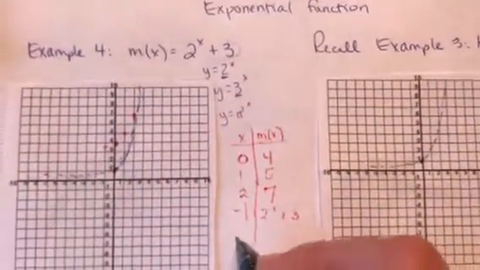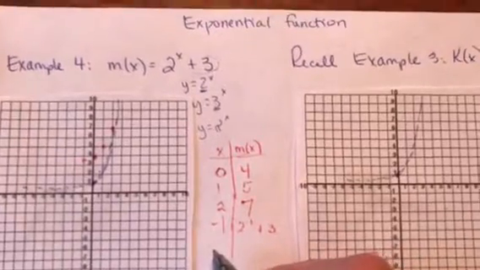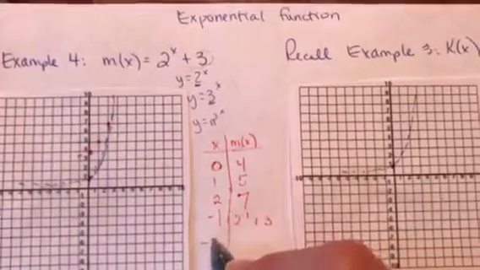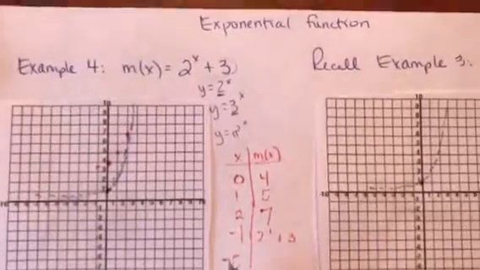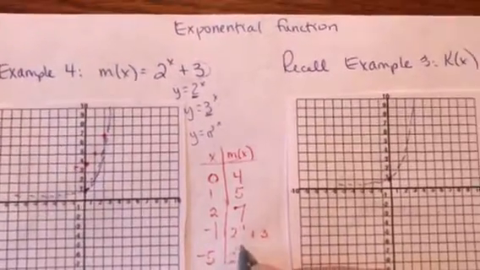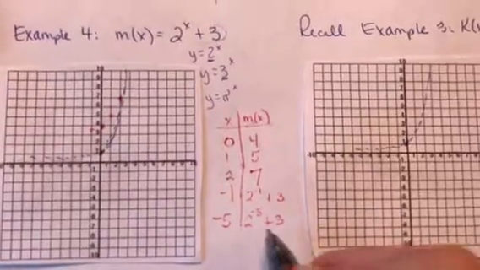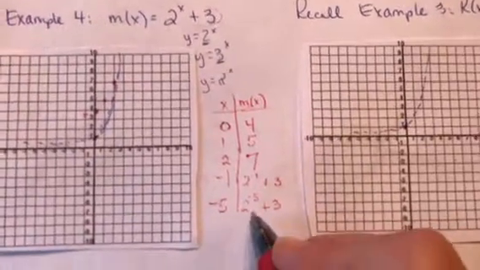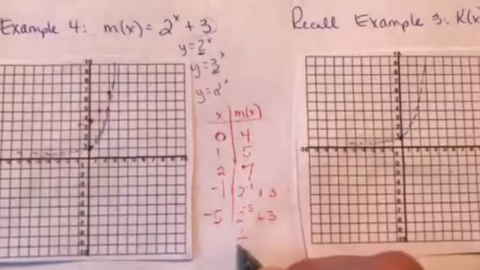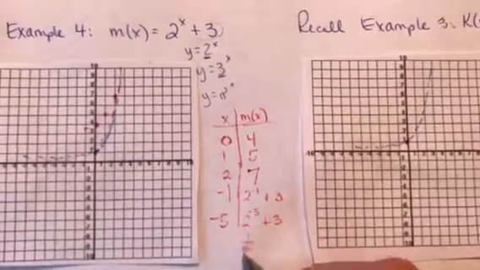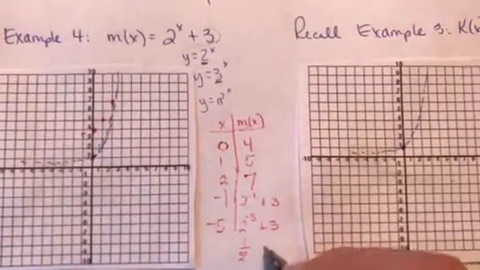You might just for kicks plug in something really big negative, like negative 5. So you'd have 2 to the negative 5 plus 3. Use your calculator and get a decimal for that if you want, but realize that's 1 over 2 to the 5th, which is 1 over 32.